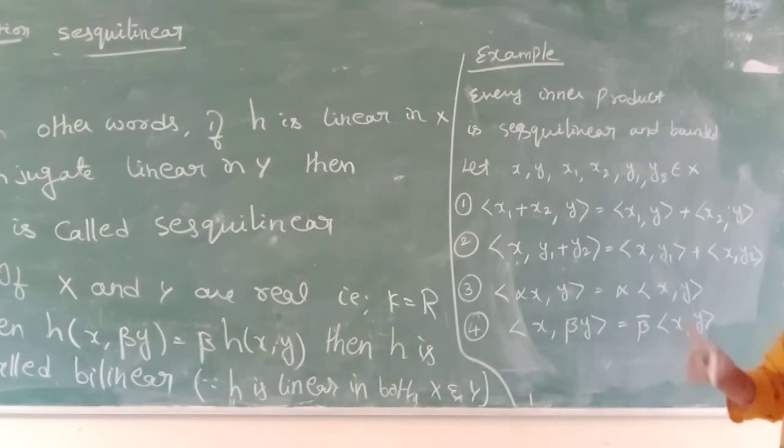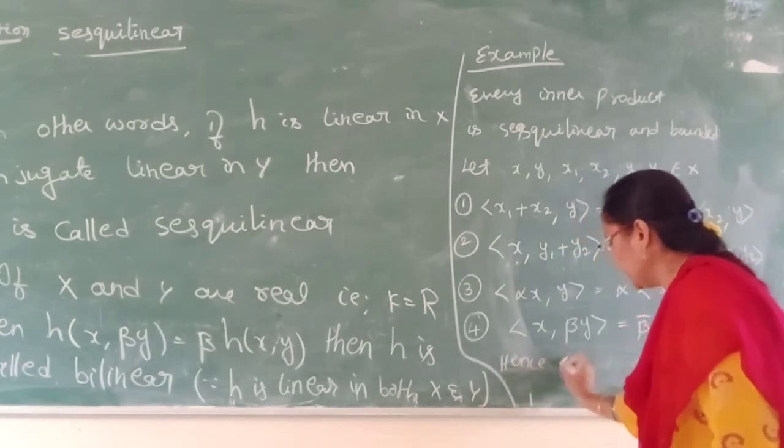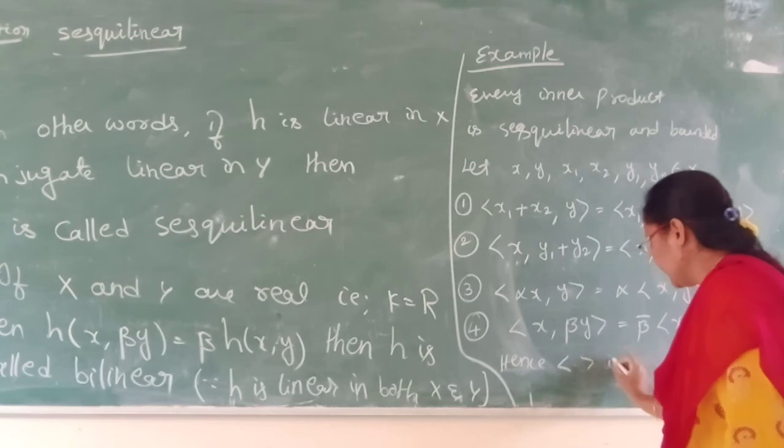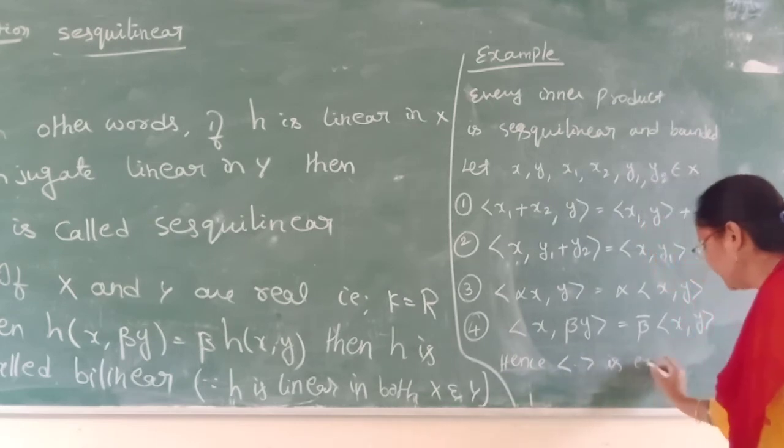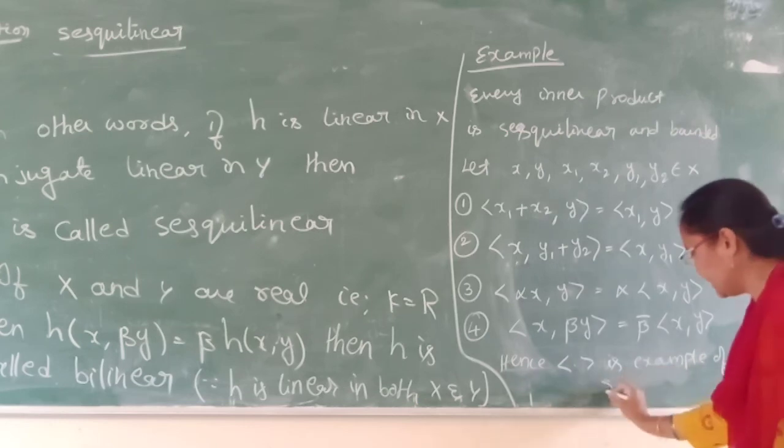So the inner product satisfies all the sesquilinear properties. Hence the inner product is an example of sesquilinear.